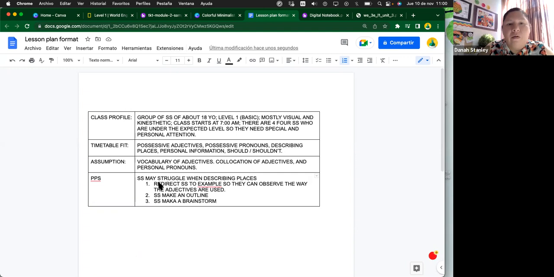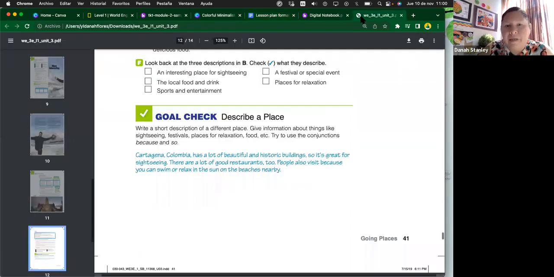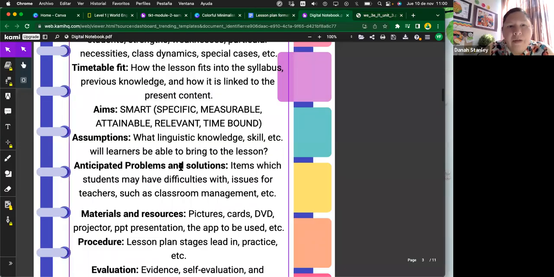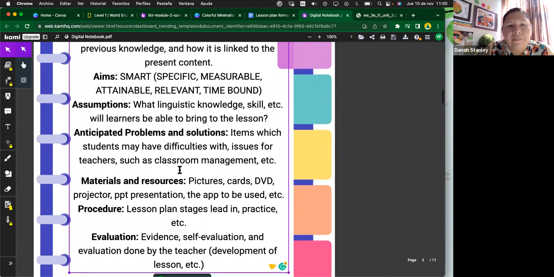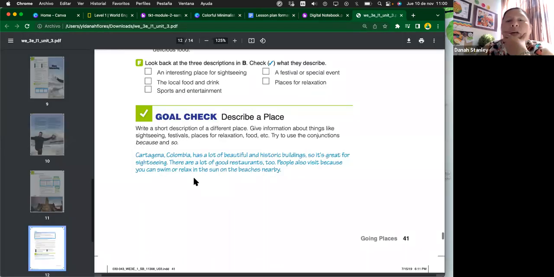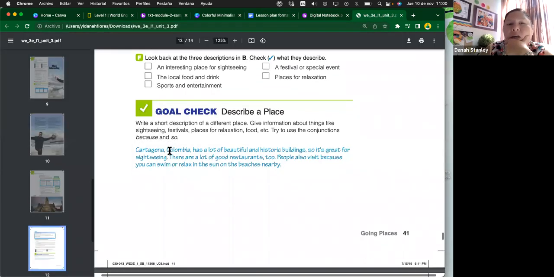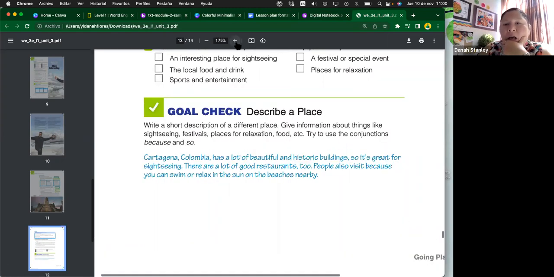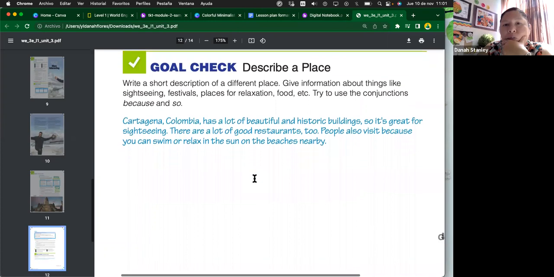Entonces, for this activity, I'm going to have a possible problem. Ya detecté. Okay? All right. The following thing is the materials. For this, to carry out this activity, a specific activity, what is the material I'm going to use?